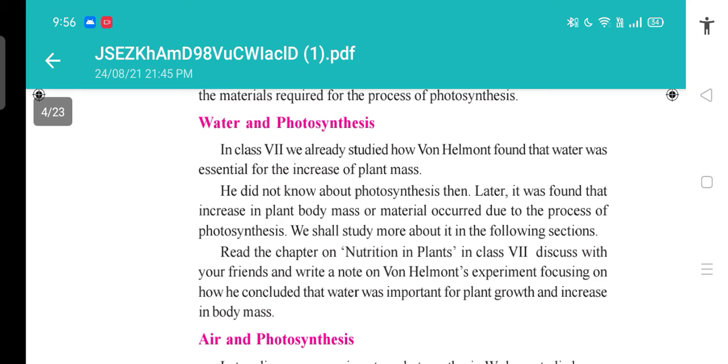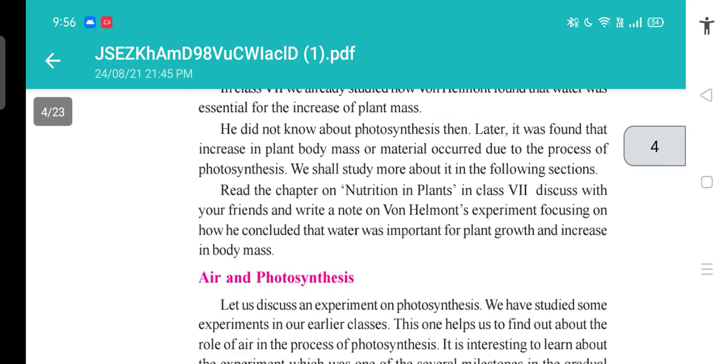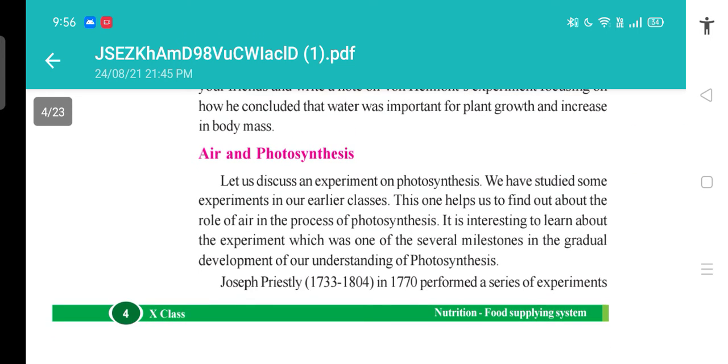After that, daily he poured water on the plant. After 3 or 4 months, he checked the weight of the plant. He had not given any external factors except water. He concluded that the mass of the plant had increased because of the water, air, and photosynthesis. Let us discuss an experiment on photosynthesis.